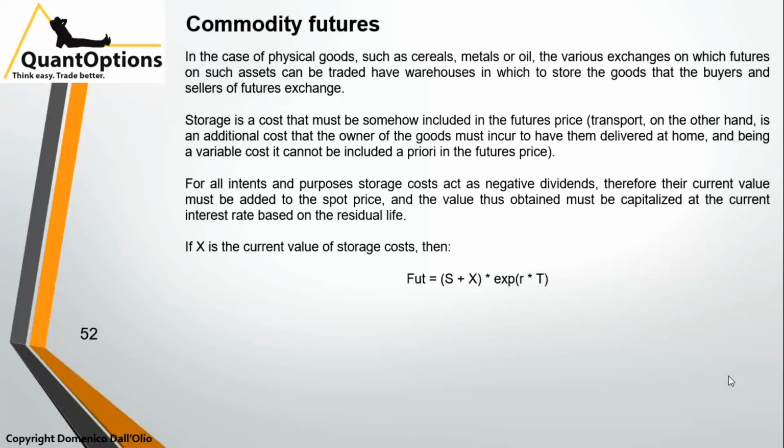Therefore, their current value must be added to the spot price, and the value thus obtained must be capitalized at the current interest rate based on the residual life. Being X the current value of storage costs, the futures price is equal to spot plus X times e to the power of interest rate times time.